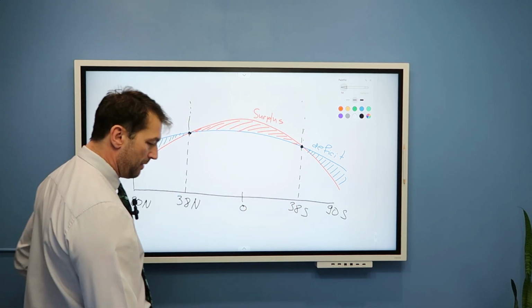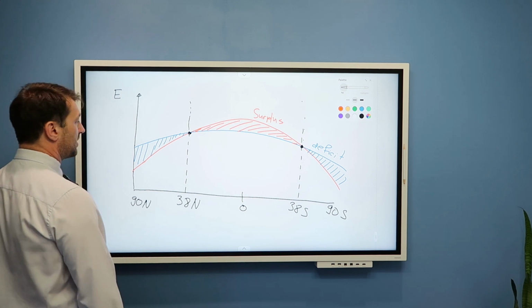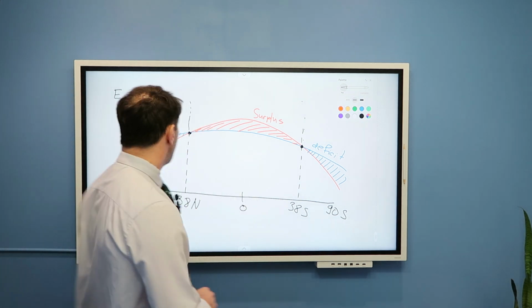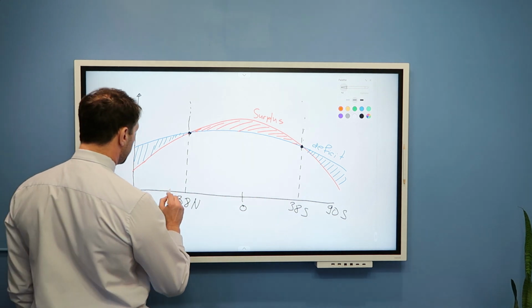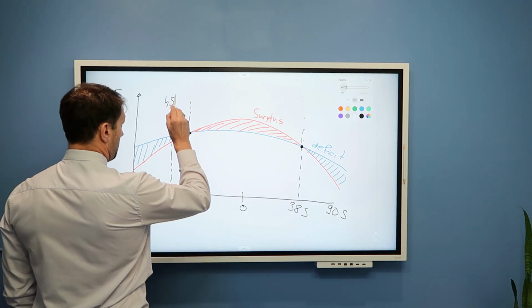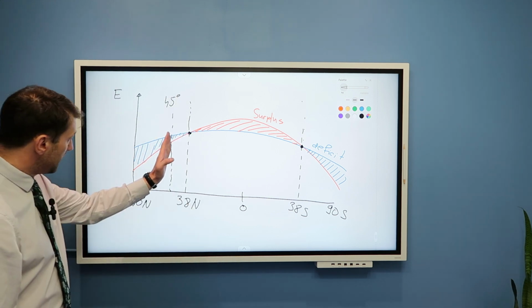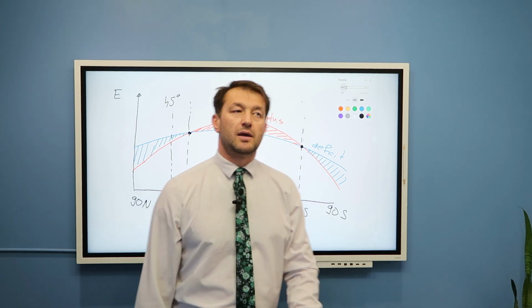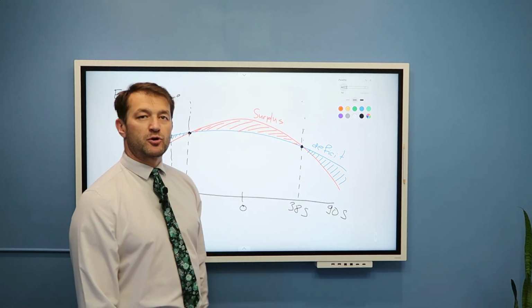So, for example, I am located in Montreal, Canada. Montreal has a latitude of 45.5 degrees, let's say 45 degrees, which means here in Montreal we emit more energy than what we receive from the sun.